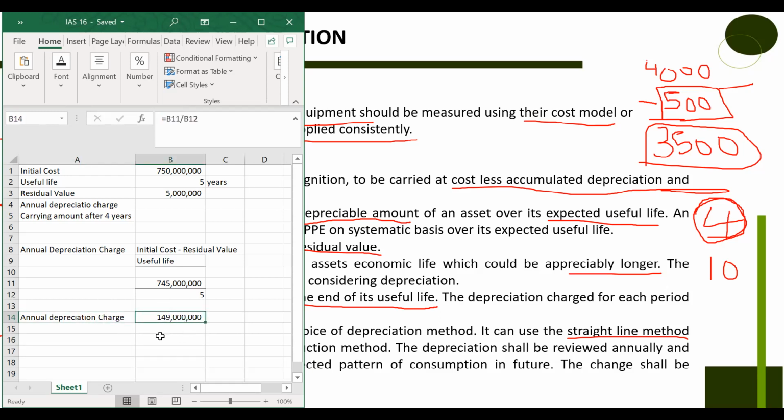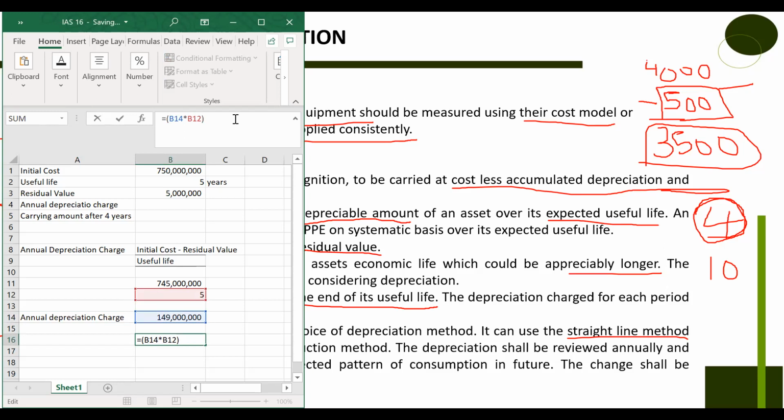So let's do something. How many years are we supposed to use the asset? 5 years. If you want to check if your answer is correct, just take 149,000, multiply it by the number of years, 5 years, and add the residual value at the end. It's 745,000, right? Add 5,000 to it.